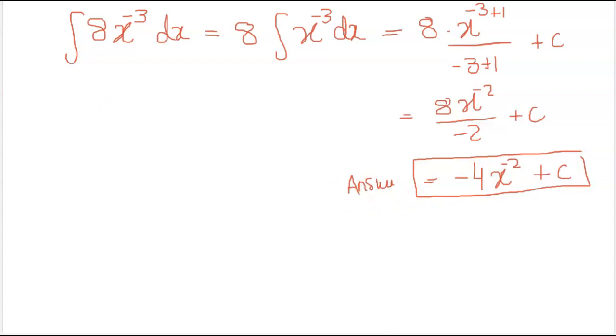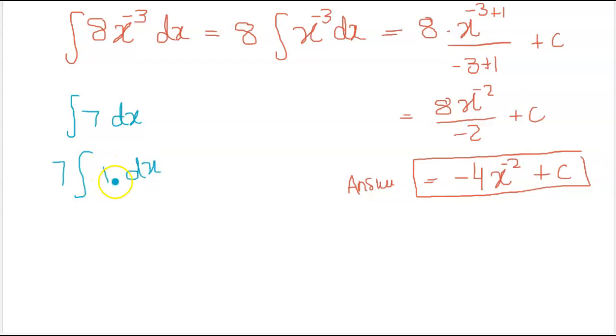There is another interesting case where, for example, the question is to integrate 7. Now, if you integrate 7, you take the 7 out, but there is a number here, which is 1.